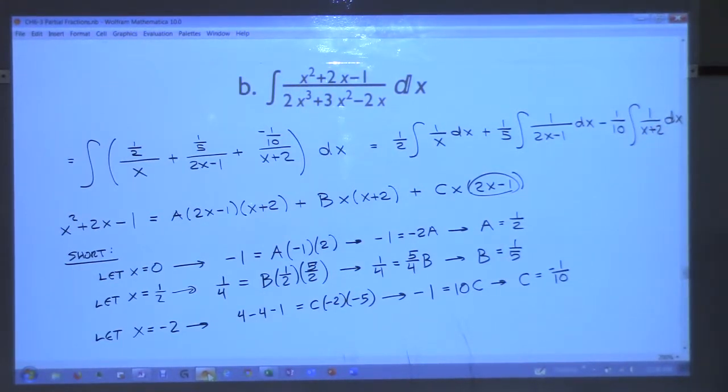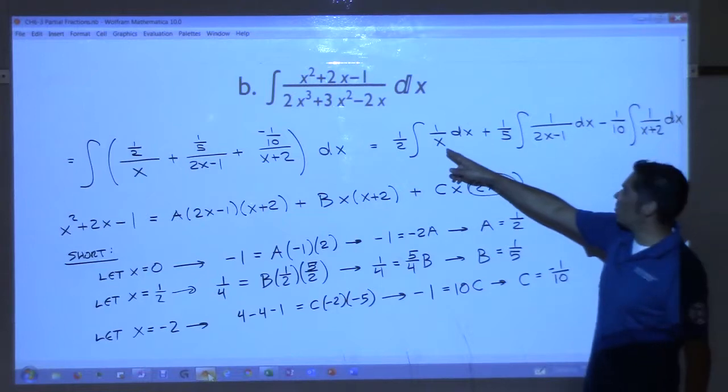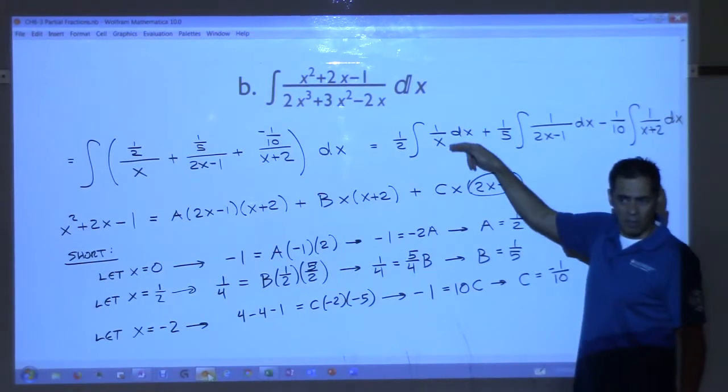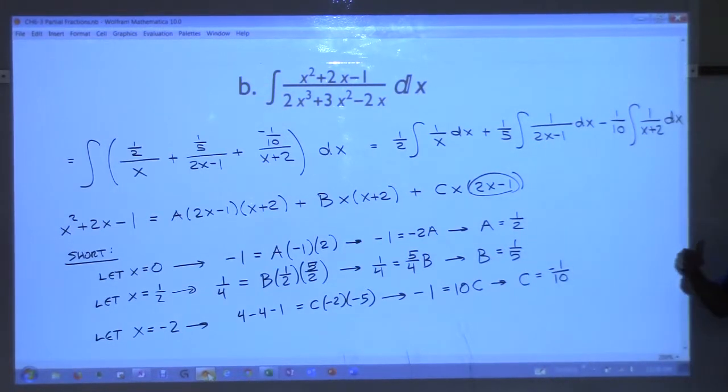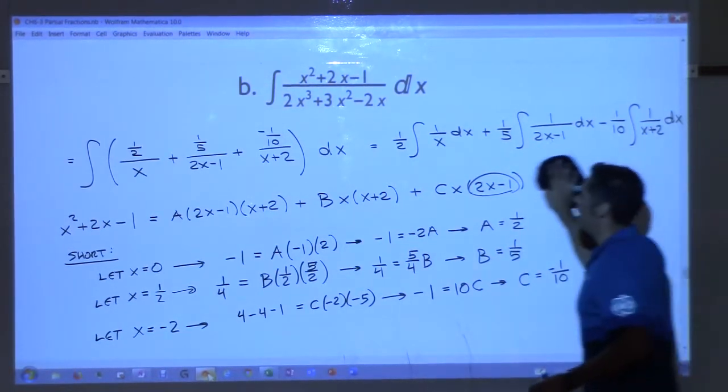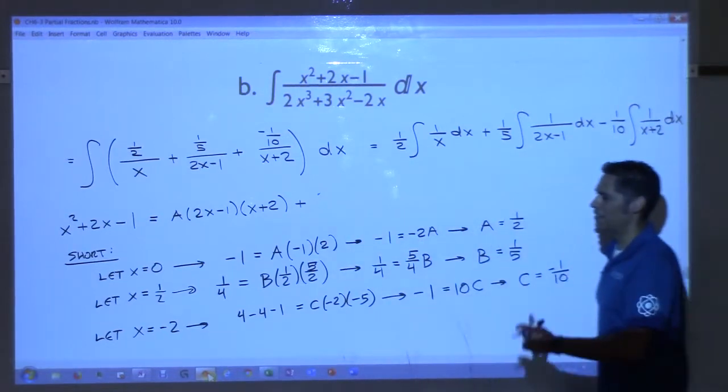Each of these three integrals is a constant over a linear, and that's what we started class with last time. We said, can we handle constant over linear? And everyone was unanimous about that.